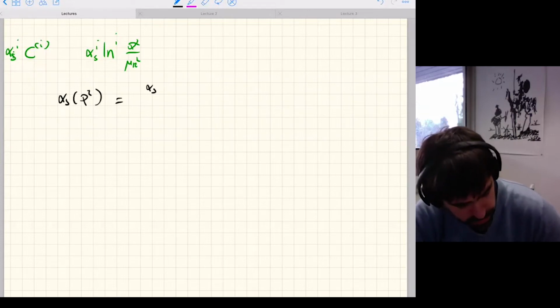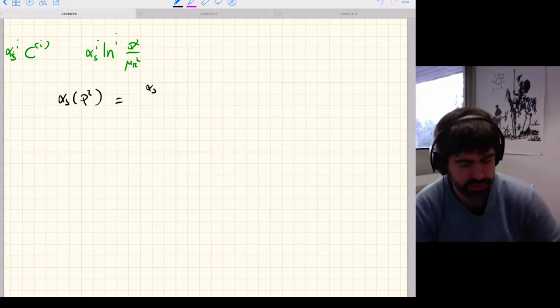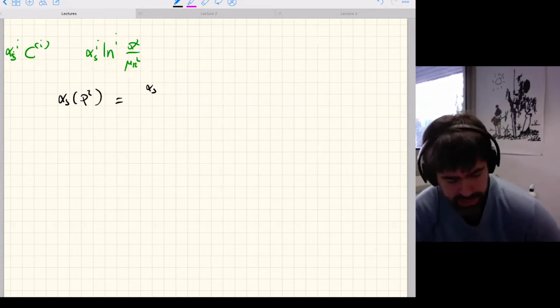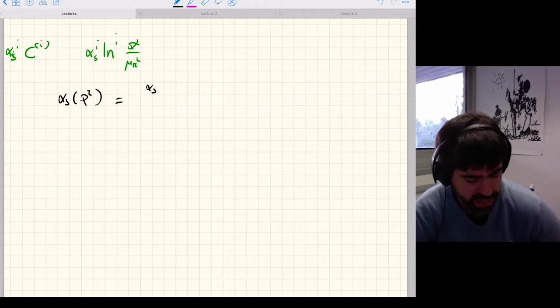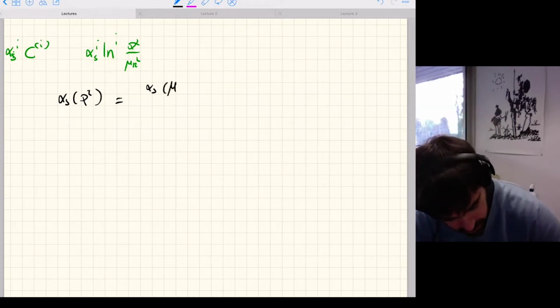If you choose mu_r equal to Q, you don't have any logarithmic correction in the coefficient function because the log of 1 is 0, and all the logs, we say, are accounted for by the running coupling. If I say something that you never heard, please stop me.